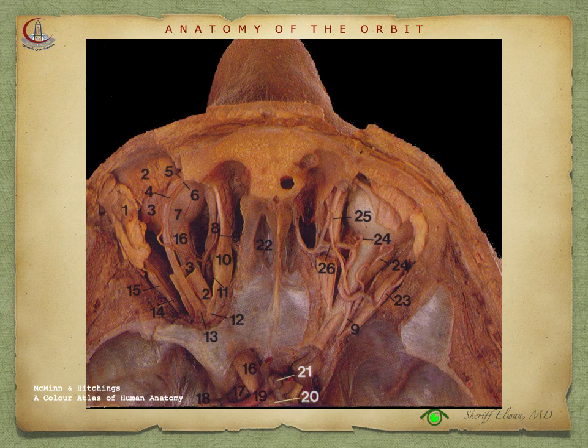This is the same view but with both orbits, where you can see the globe and the muscles, and number 1 here is the lacrimal gland, number 2 its palpebral lobe.